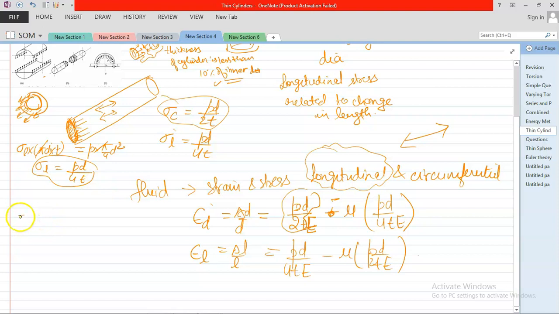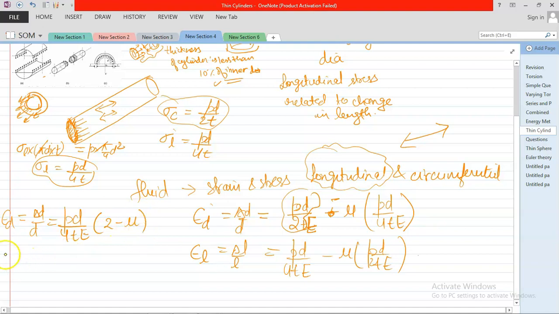I am writing epsilon d, that is change in diameter with the original diameter, that is PD upon 4TE times (2 minus mu), and your epsilon L is delta L upon L, that is PD upon 4TE times (1 minus 2 mu). I hope everyone is clear with it.